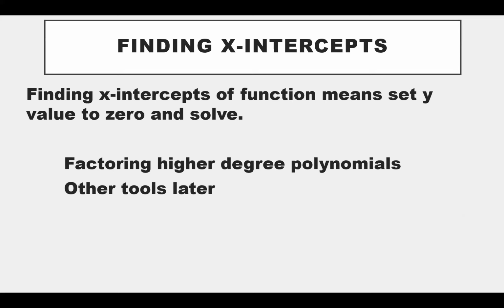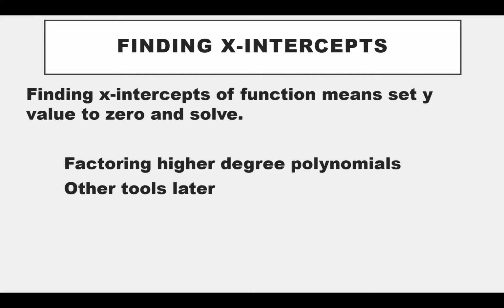Now, we'll look at how to find x-intercepts and how to find zeros of a polynomial function a lot in the next couple of sections. We know to find an x-intercept, we set y to 0 and then solve.